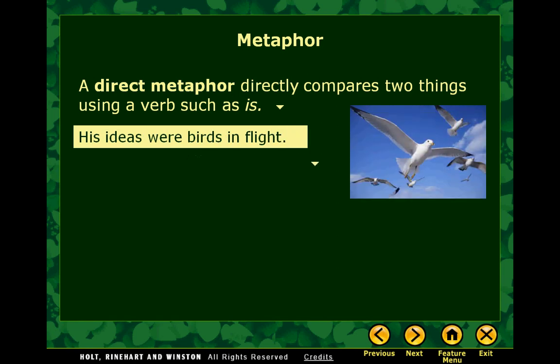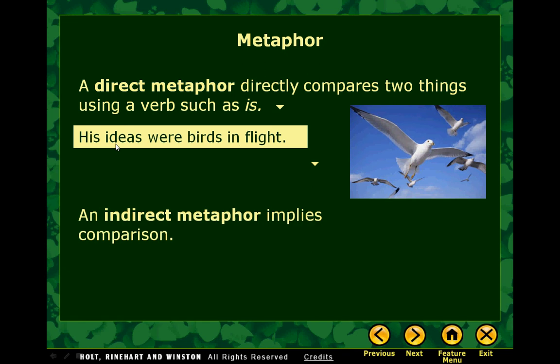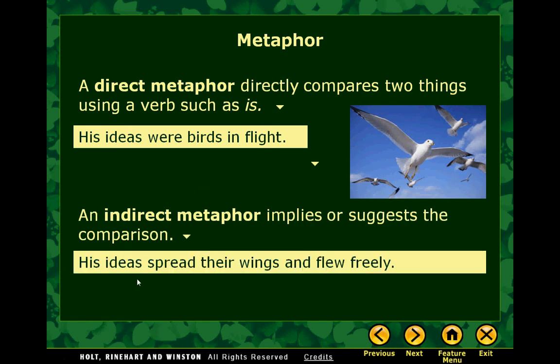A direct metaphor, as in this case, his ideas were birds in flight. This is a direct metaphor. We use the verb is here. And the indirect metaphor, his ideas spread their wings and flew freely.